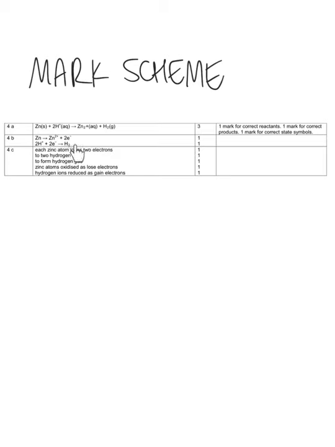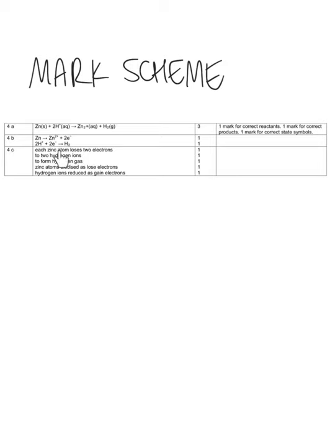Again, our half equations are spot on. Now coming to 4C, they speak about zinc being oxidized, hydrogen ions being reduced. They talk about the loss and gain of electrons. They talk about the fact that zinc loses 2, as we said. 2 marks here, which don't always come up, but it is worth putting in there. All they've done is speak, like we said, about hydrogen ions being formed and hydrogen ions turning into gas.